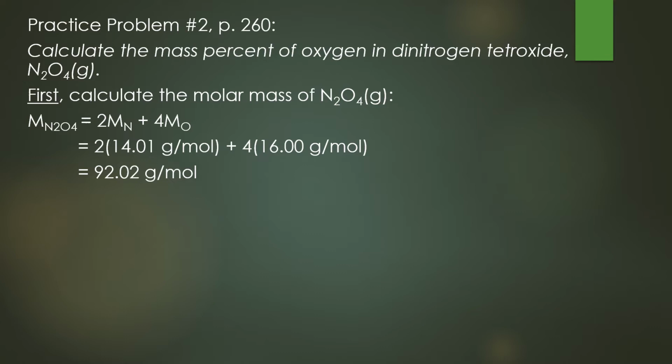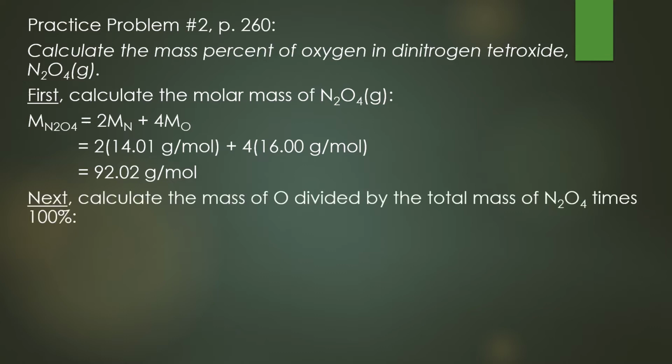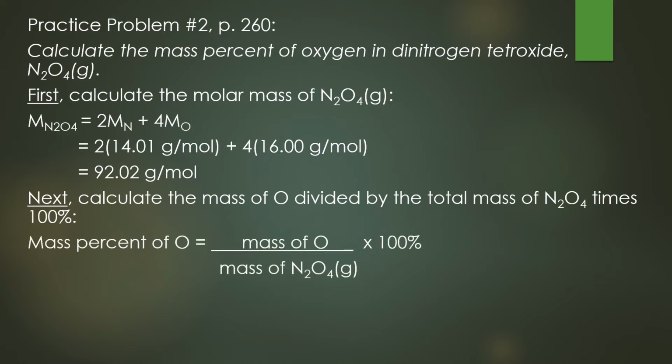Now, in order to calculate the mass percent of oxygen, you have to take the mass of oxygen divided by the total mass that you just calculated of N2O4 and multiply by 100%. So again, you can pause the video now and do that, and then check with my calculations. So the formula is mass percent of O equals the mass of oxygen divided by the mass of N2O4 times 100%.